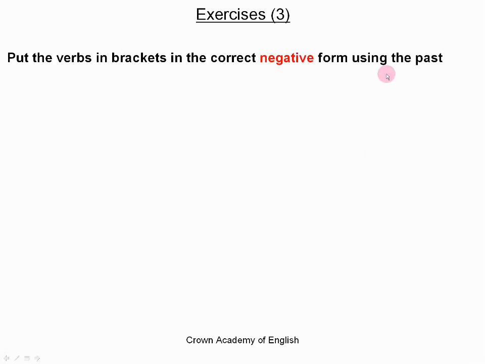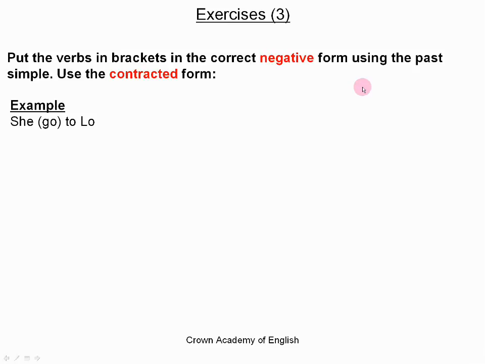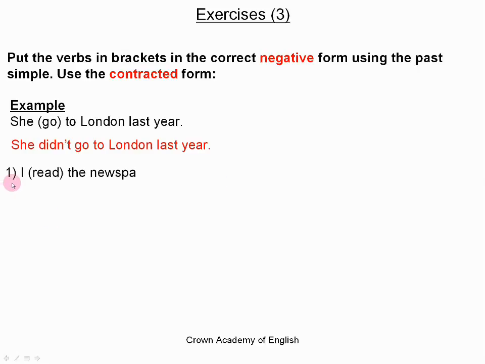And the last exercise, put the verbs in brackets in the correct negative form using the past simple. And I want you to use the contracted form. Example. She didn't go to London last year. Question 1.